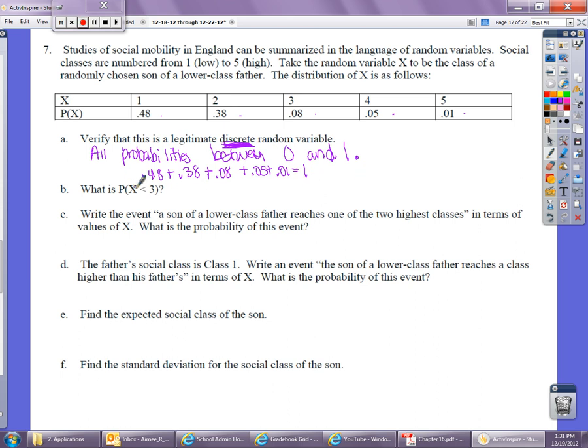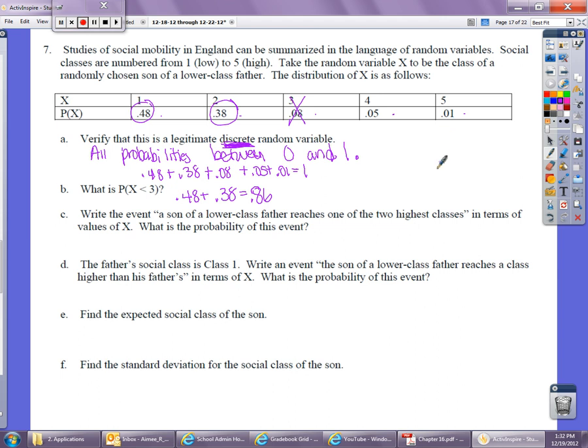Okay. What is the probability that x is less than 3? So do I include 3? No. I just want 2 and 1. So I'm just going to add 0.48 plus 0.38, and I will get 0.86. Write the event a son of a lower class father reaches one of the two highest classes. So, one of the two highest classes is going to be either class 4 or class 5.